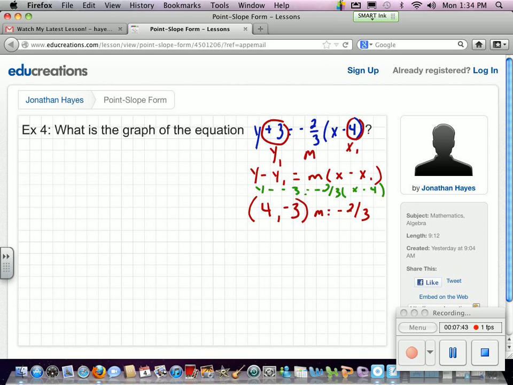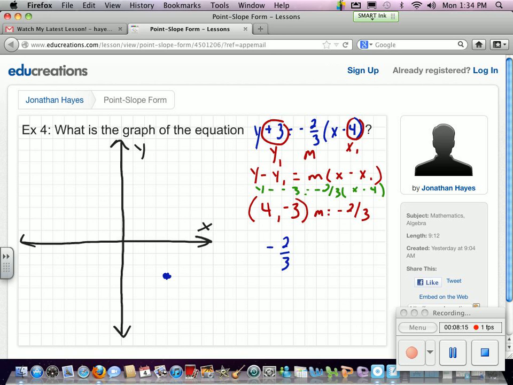So if we come over here and graph that, we need an xy coordinate plane. So there's my x-axis, there's my y-axis. We'll go ahead and plot the ordered pair (4, negative 3). 1, 2, 3. Put our point there at (4, negative 3). Then we're going to use the slope. Now the slope of negative 2 over 3 tells me I could go down 2, right 3.